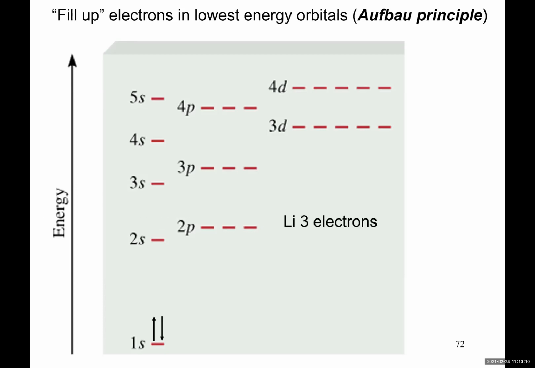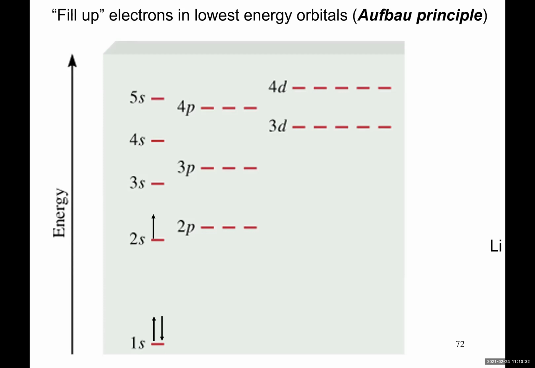And if I go to lithium with 3 electrons, where would the third electron go? Well, 1s is 1 orbital, which can accommodate 2 electrons, so obviously the third electron must go to the higher energy level, and it will go into 2s.